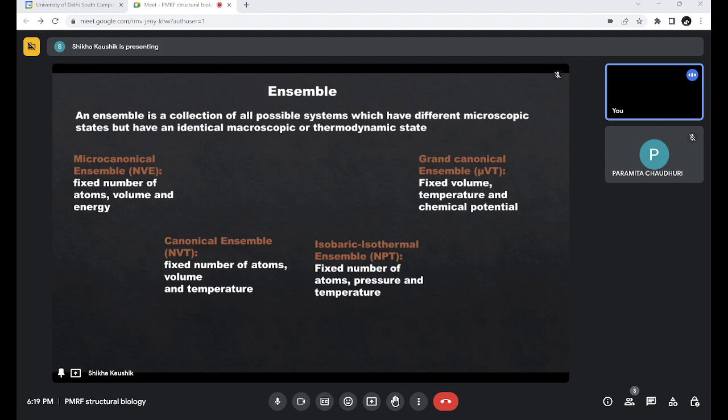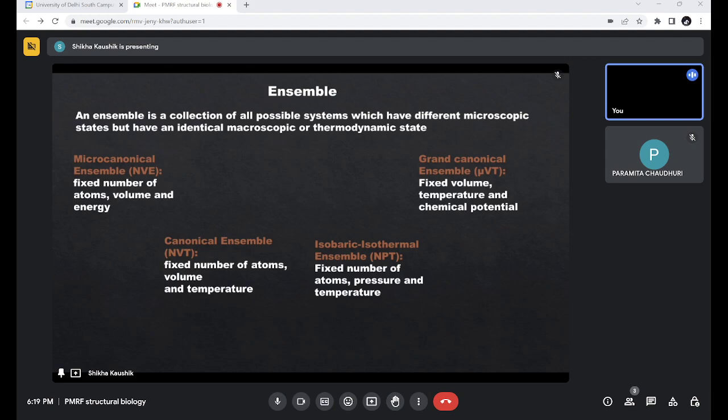So you will build your entire system with fixed number of atoms, pressure and temperature conditions. And then there may be a system where you have fixed volume, temperature and chemical potential. So this ensemble is trying to help you understand the smallest unit of that particular system, and then you are adding this smallest unit and making it at a macroscopic level.